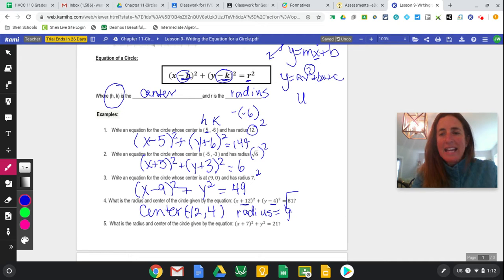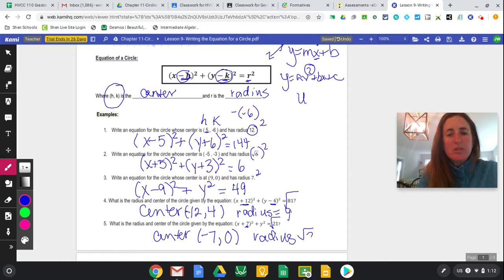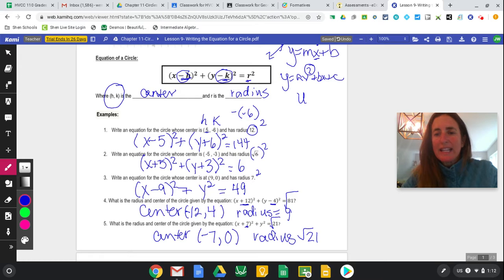So it's a 9. Okay, the next one, our center is going to be a negative 7. And if there's nothing with the y, remember that was 0. And now our radius is the square root of 21. So square root 21. Super easy.